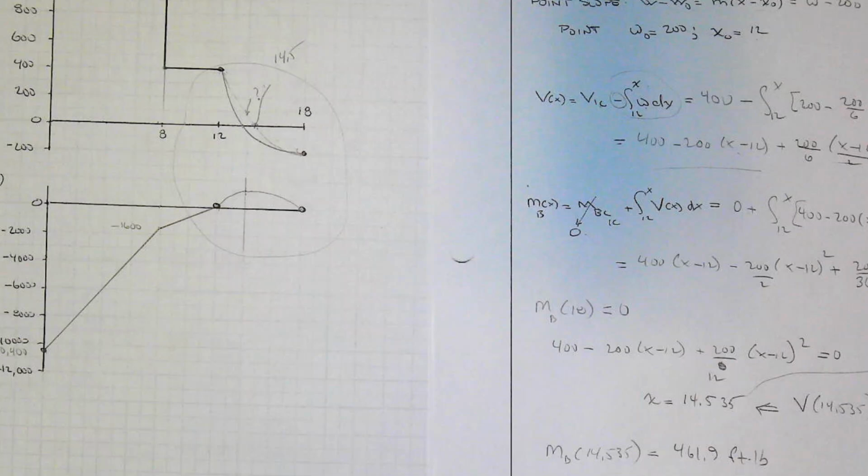So on this, if someone were to ask you in this problem, tell us where the bending moment is maximized, it is at 14.535 meters, about a meter out from where I actually did it in my sketch. And then this piece right here is 461.9 up. And that is the end of this problem.